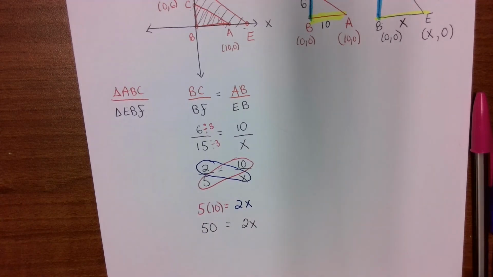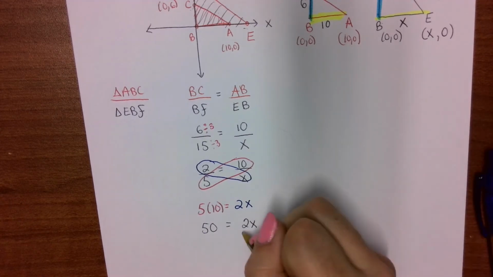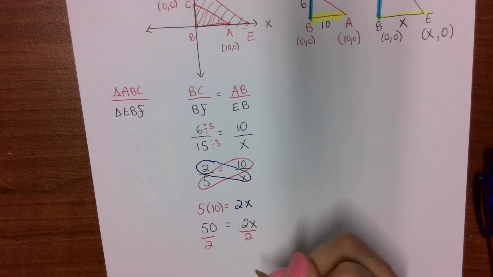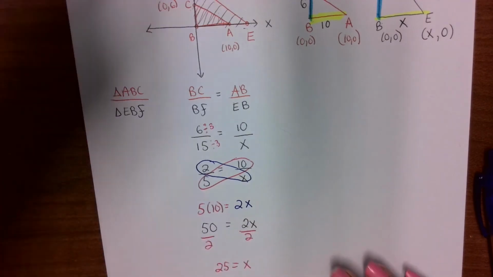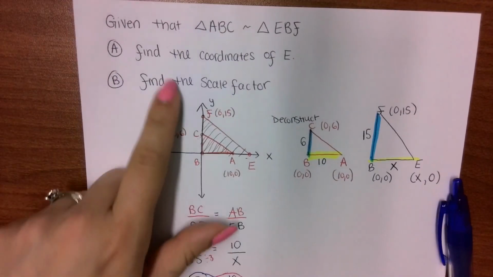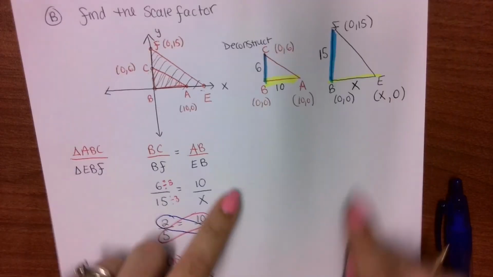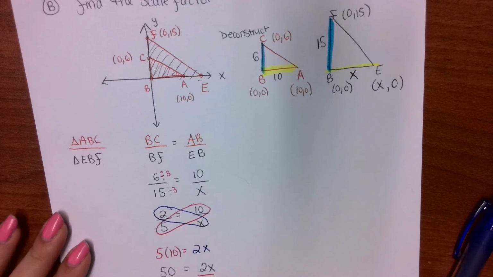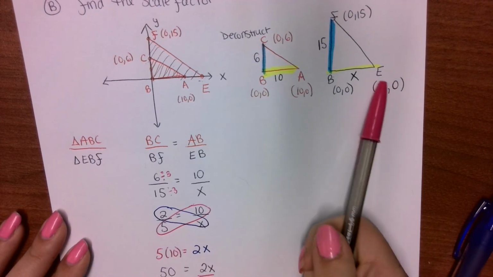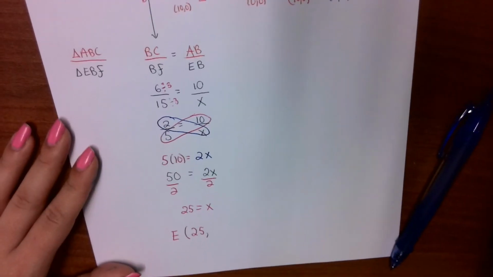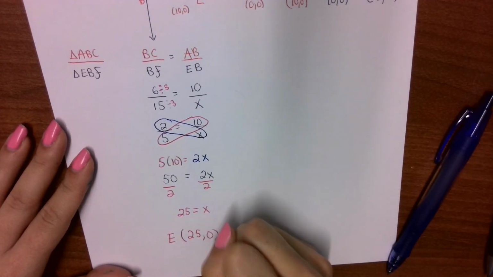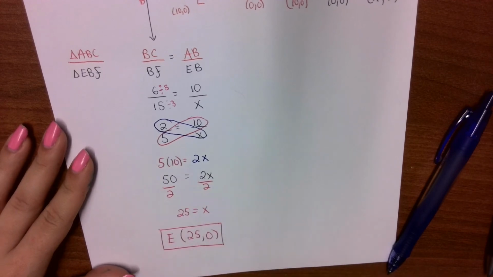So when I solve for x, I have to divide by 2 so I have x by itself. So x is equal to 25. But remember what the question was stating. It says find the coordinates of E. So x is 25, and we know y is 0 because it's right here on the x-axis. So E is going to be (25, 0). That's where E is located.